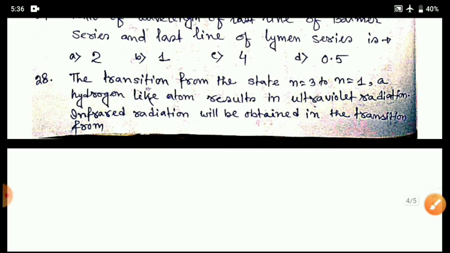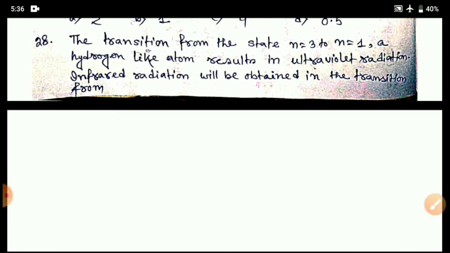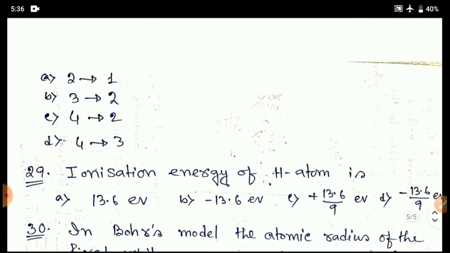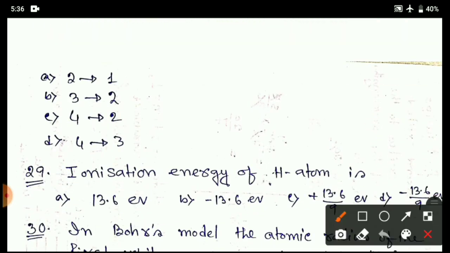Next question: the transition from the state n equals 3 to n equals 1 in a hydrogen-like atom results in ultraviolet radiation. Infrared radiation will be obtained in the transition from 4 to 3, that means the fourth orbit to the third orbit.